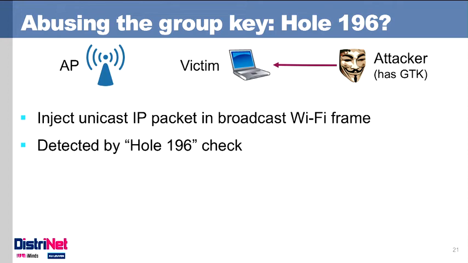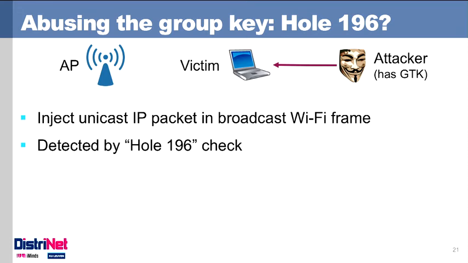So a few years ago at DEF CON, the Hole 196 attack was demonstrated, and basically they proposed this attack scenario, where if you have a group key, you could inject unicast packets in a broadcast Wi-Fi frame. However, most systems now try to detect this. They try to detect whether a unicast IP packet was received in a broadcast link layer address, and if that's the case, they drop this packet.